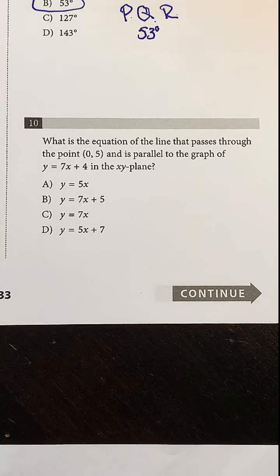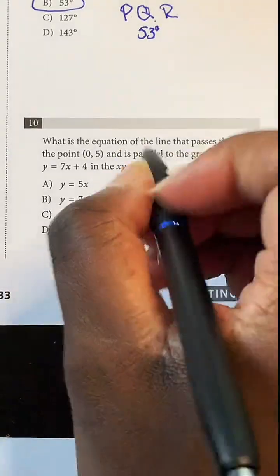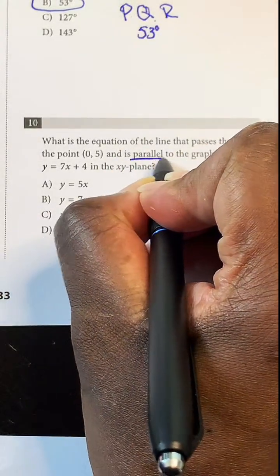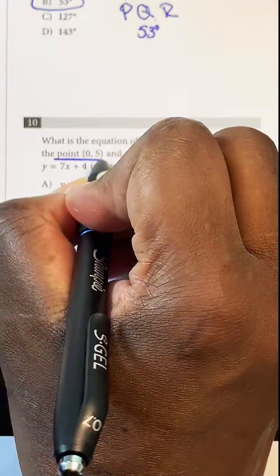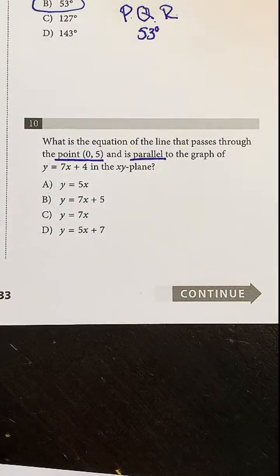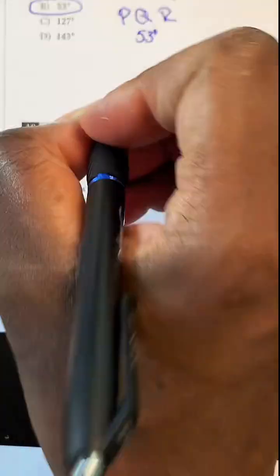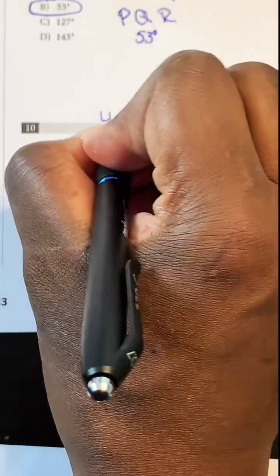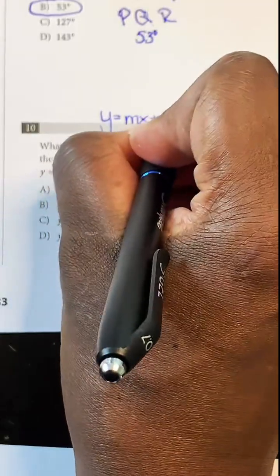So now, let's take a look. They're giving us some clues. 1, they're saying parallel. 2, they're giving us a point, 0,5. That's our y-intercept. So if we're looking for an equation, the equation that we're always setting up is our y equals mx plus b.